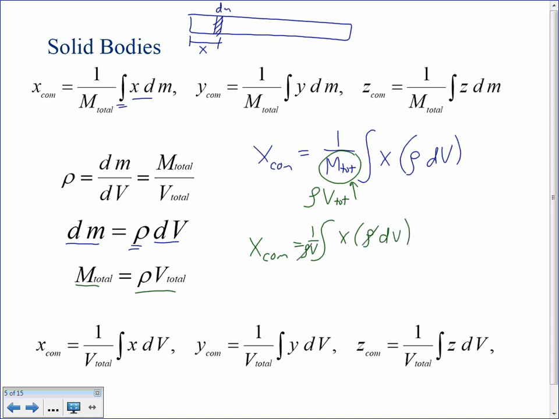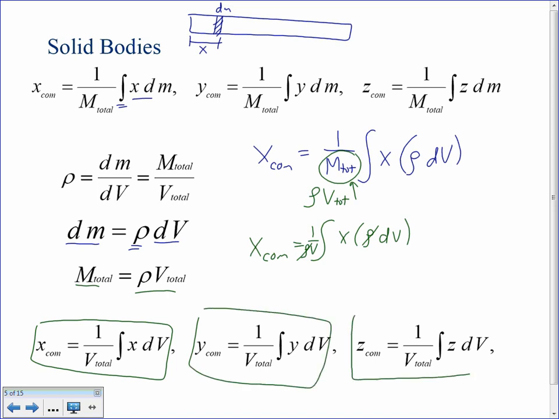So we can see that those densities divide out, and we get this equation that the x coordinate of the center of mass is 1 over the total volume times the integral of x with respect to the volume. Again, you have the same thing for y, and you have the same thing for z.